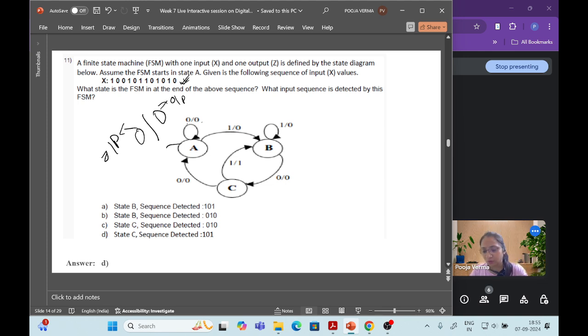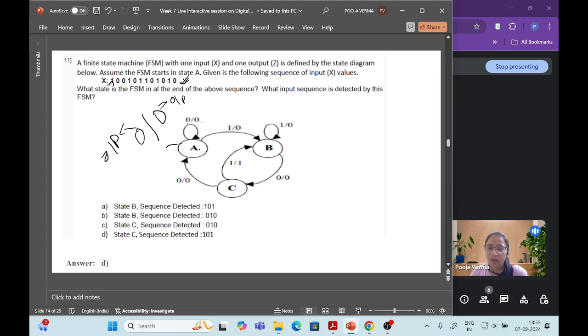Okay. So the input sequence is given. Let's check. It will start from A, right?